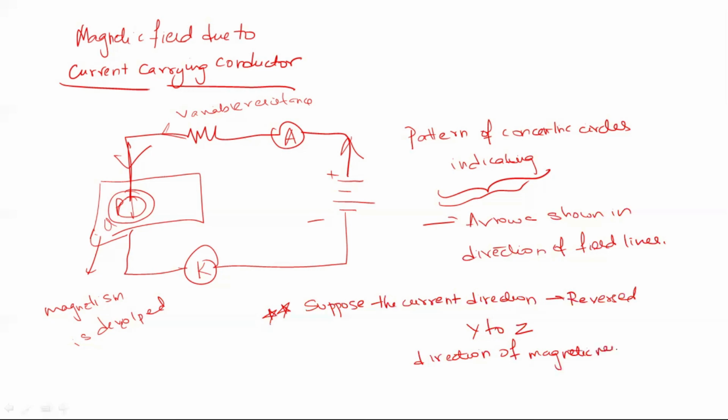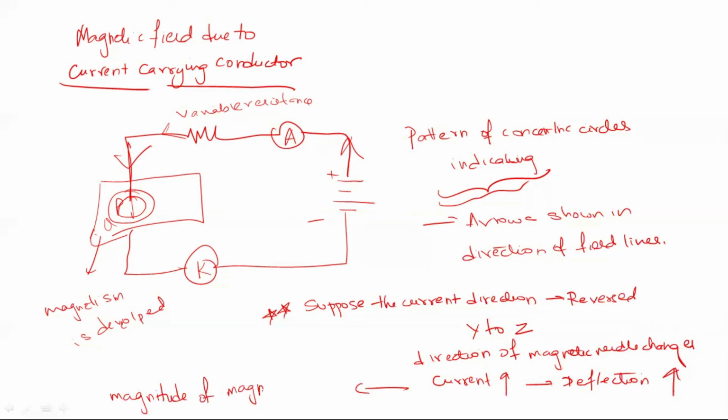In fact, if the current is increased, the deflection also increases. This indicates that the magnitude of the magnetic field produced at a given point increases as the current through the wire increases.